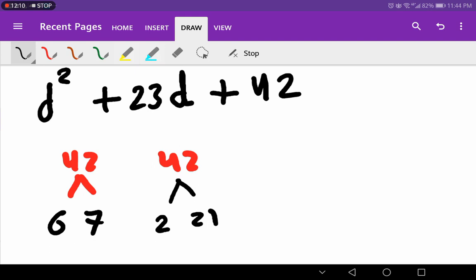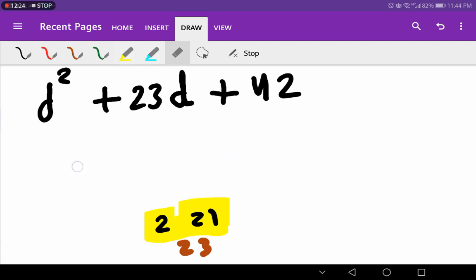Yes, okay, so I got it. 2 plus 21, the sum of them gives 23. So I'm good. So I erase everything here and keep the factors and start working.